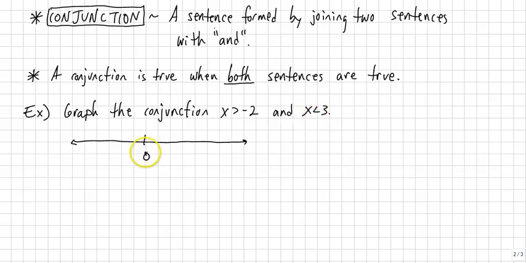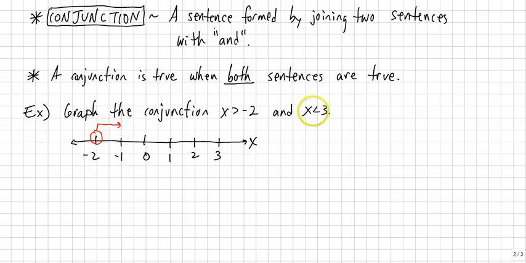So if this is 0, let's have that be 1, 2, 3. And then we need -1, -2. So this is every x value. And we want x greater than -2. So we don't want it to be equal to -2, so open dot. And then we want greater than, so this direction.